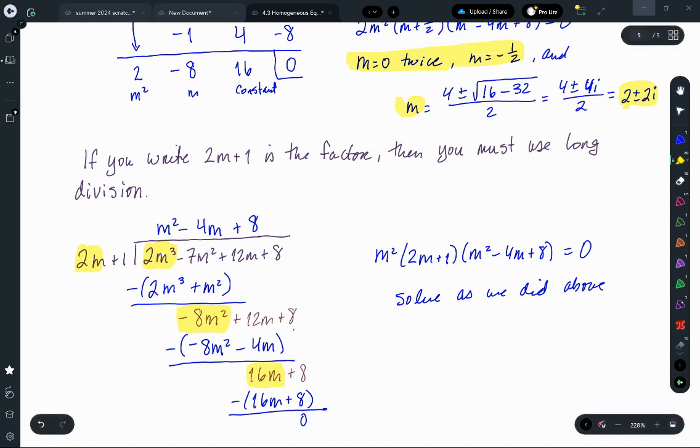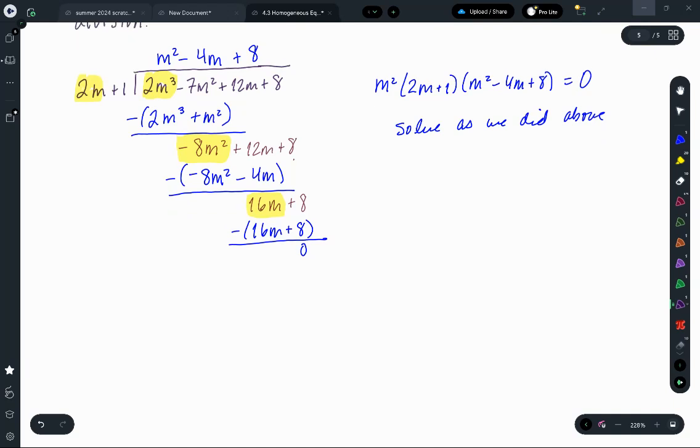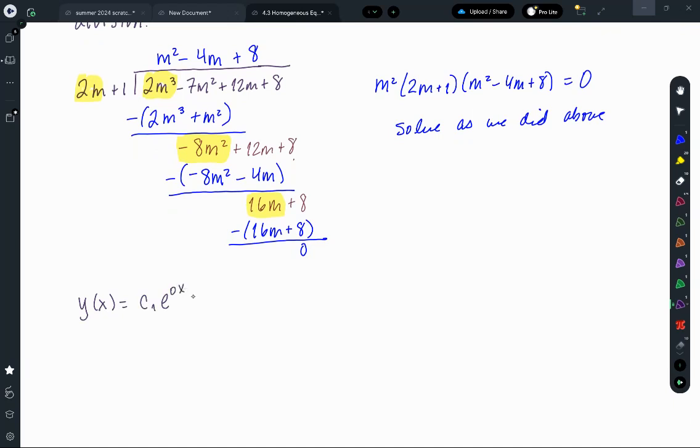Okay, so finally, we can go ahead and write this out. We have y of x is equal to c1 e to the 0x, oh that's weird, plus c2 x e to the 0x. That is weird, so we gotta think about that a little bit. We'll get there.